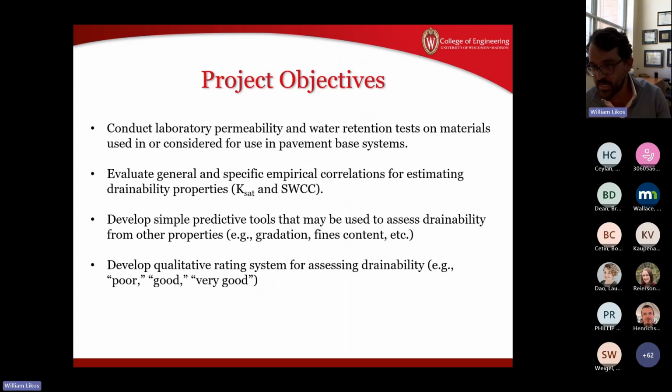We directly measured saturated hydraulic conductivity and soil water characteristic curves for these materials, and then explored simple tools that can be used to estimate those two properties from relatively simple measurements like gradation and fines content, and then took that information to develop a qualitative rating system where we could say, all right, if I have the grain size distribution for this curve, can I use that information to say that this is a poorly draining material, a well draining material, or an excellent draining material?